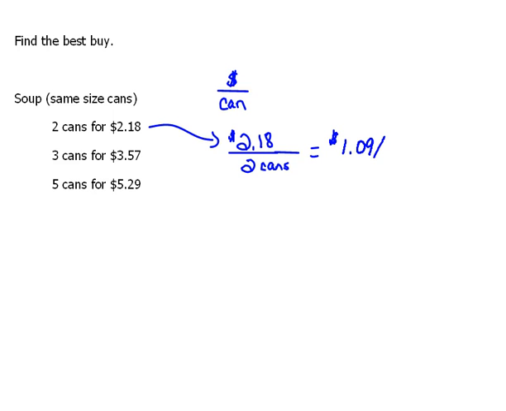So that tells us it's $1.09 per can. Now for our second one, again, if we want to know how much it would be per can, we would have to take the $3.57 over 3 cans. And then again, let your calculator do the work. So we'll get $1.19 per can.